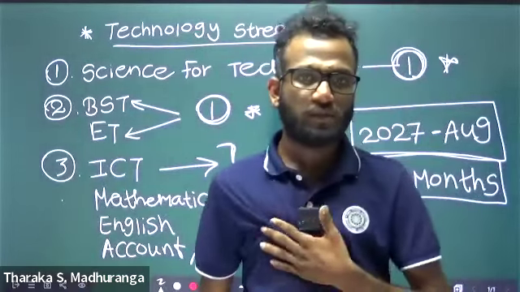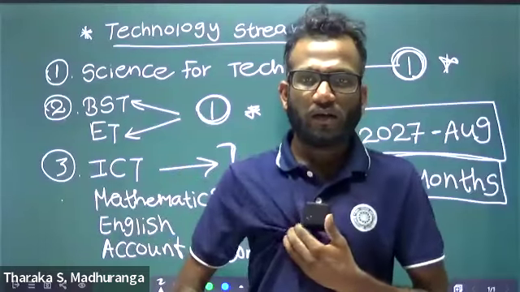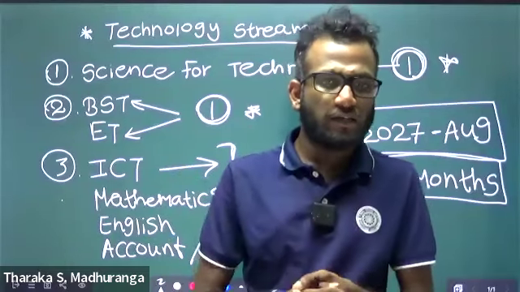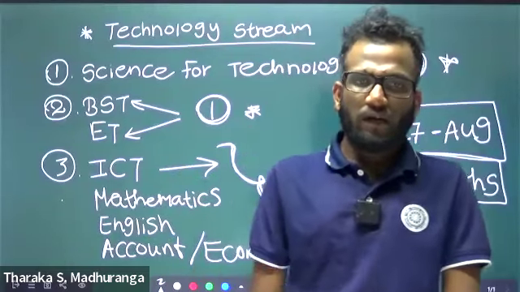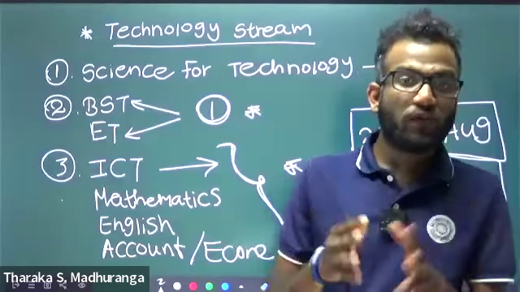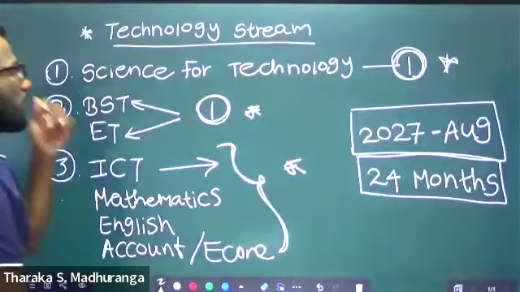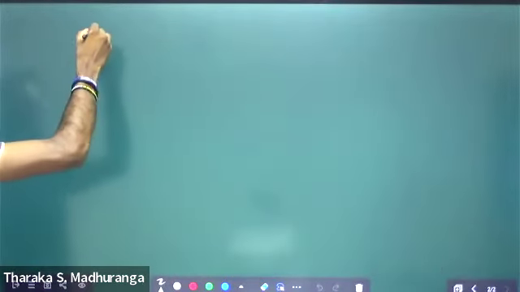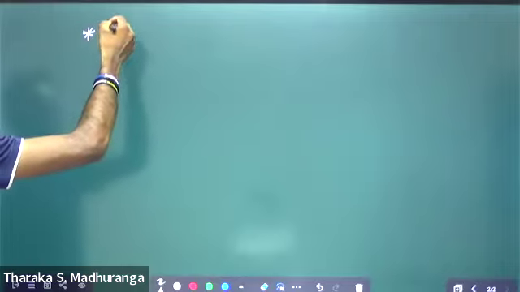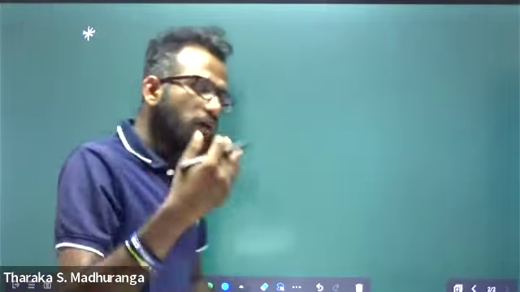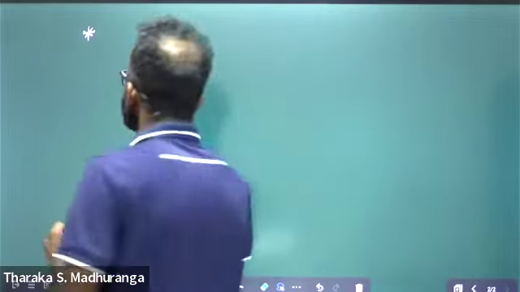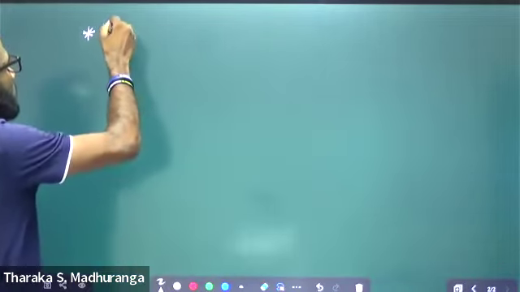What are the special requirements you have to complete before selecting the technology stream? Mainly two requirements. While applying for the exam, normally the exam application opens 3 months before the exam. As an example, requirement.